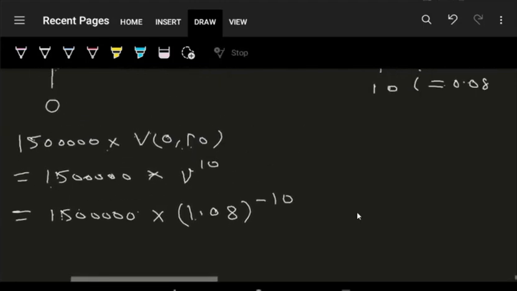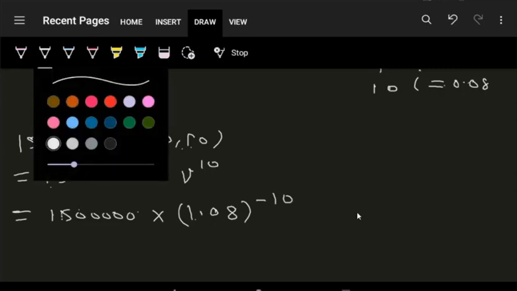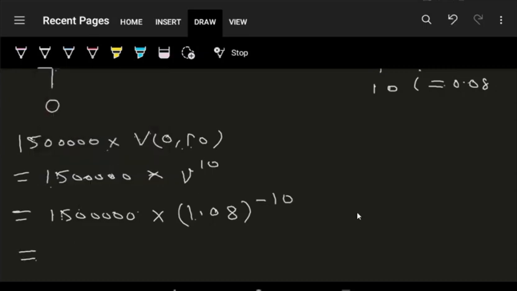Since my interest rate was 8%, this amount will come out to be 6,94,790.23 paise.